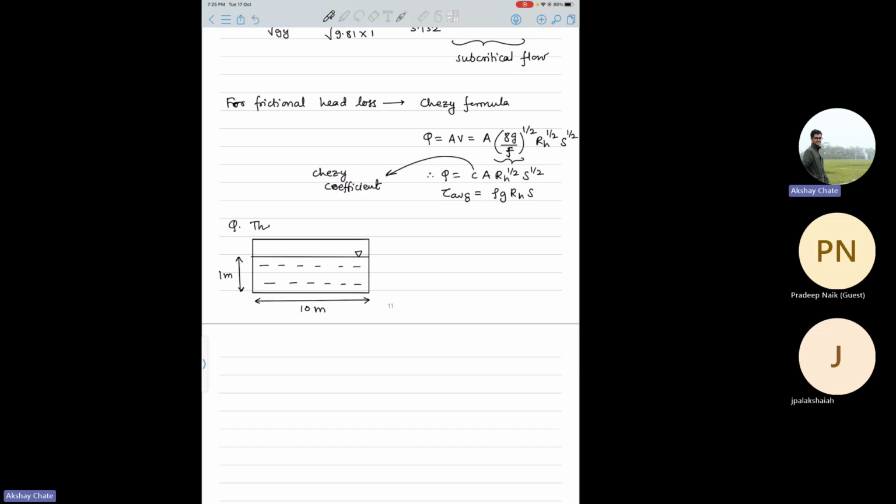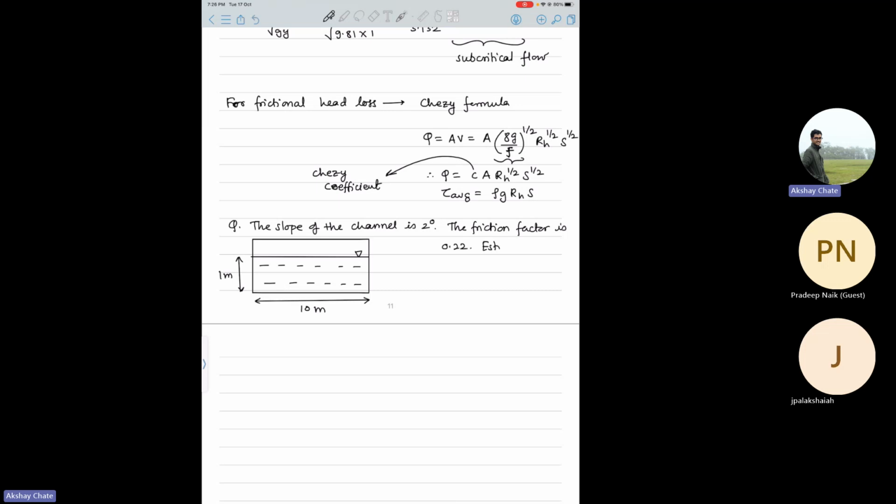The slope of the channel is 2 degrees. I mean, you will not have large slope values, because these are practical canals and all, so they will have small values for the angles of slope. And the friction factor is 0.22. It is given in the question. Dimensions are also given.